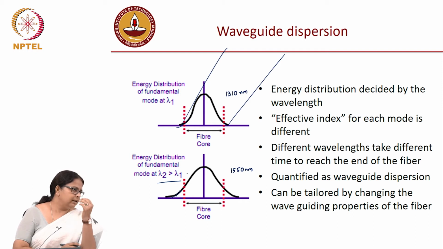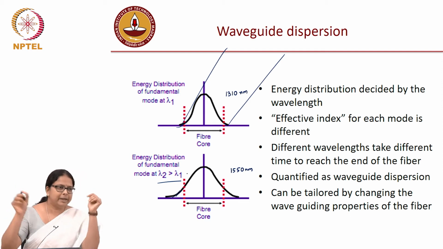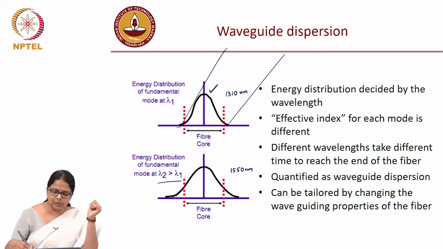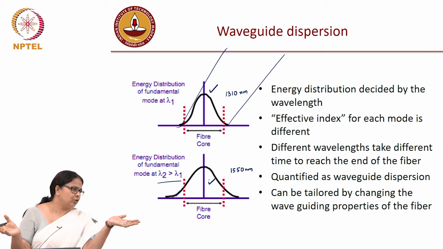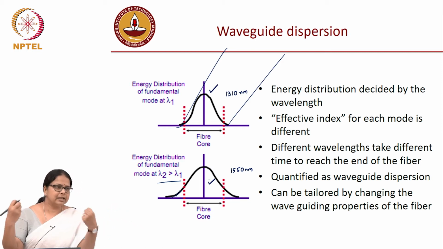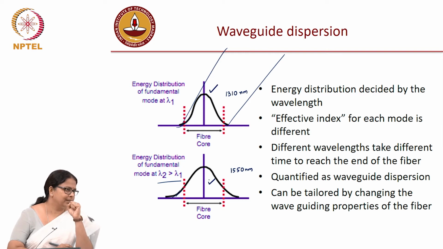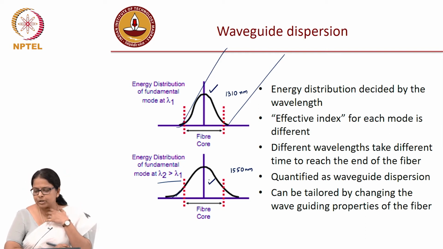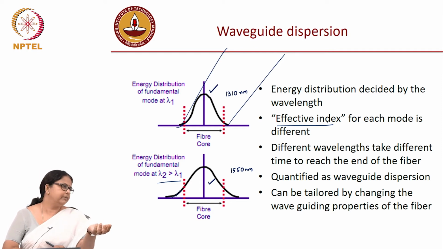The effective speed experienced by this one and this one are different because their mode sizes are different. So, the speeds experienced by the two modes are different, and that is why we have waveguide dispersion. The energy distribution is decided by the wavelength, the effective index is different for different wavelengths, and so different wavelengths will take different times, and so you can quantify a waveguide dispersion.